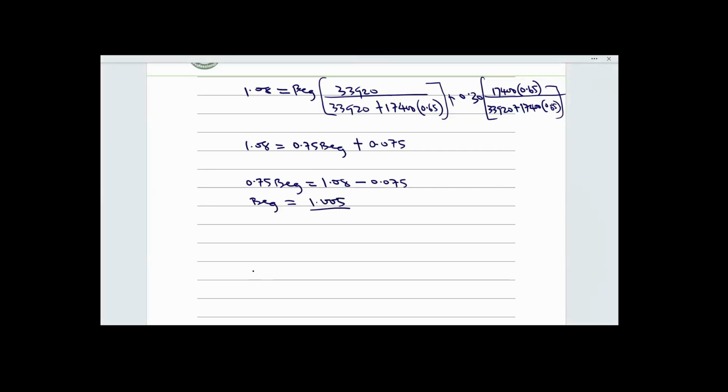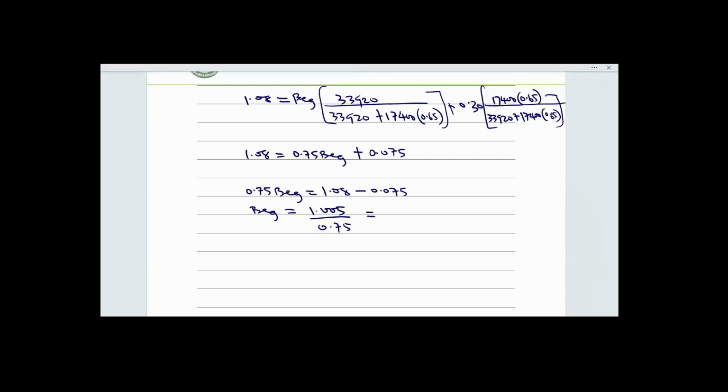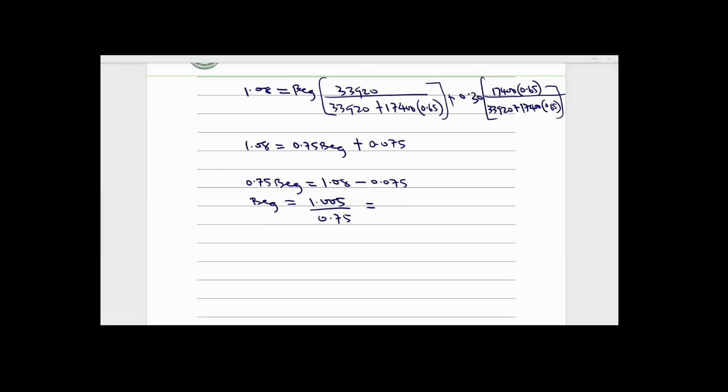Then divided by 0.75 equals 1.34. This 1.34 is the beta equity of Kilimanjaro.